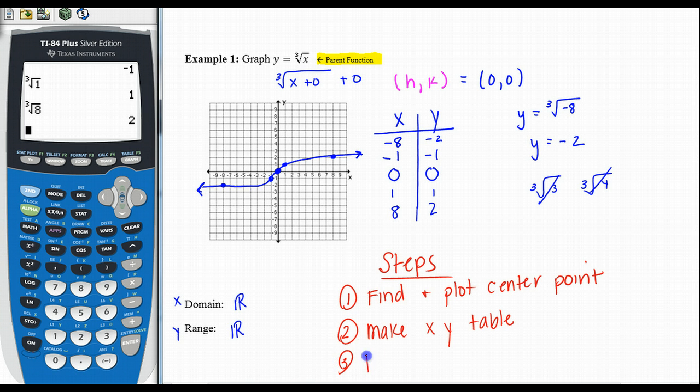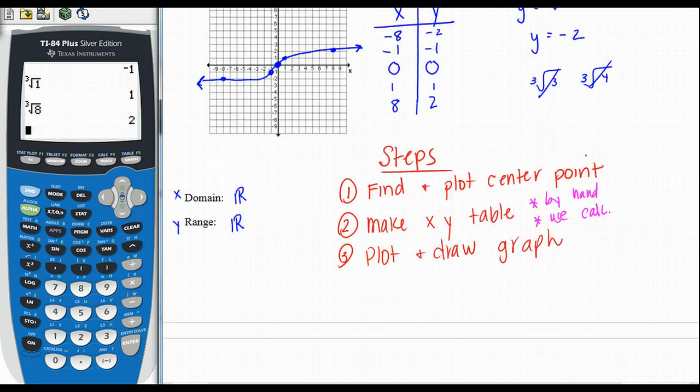And then 3, we're going to plot and draw the graph. So this XY table, in this example, I did it by hand, or we have these awesome, amazing calculators. You could use your calculator. So you should know how to do both. And in the next example, I'm going to show you how to speed things up with the calculator.